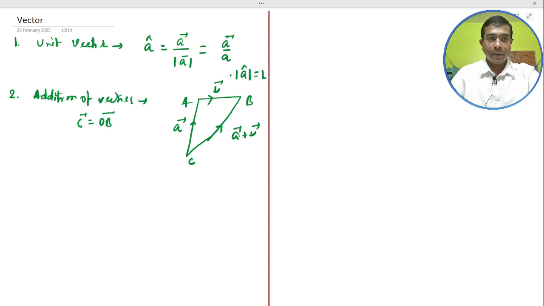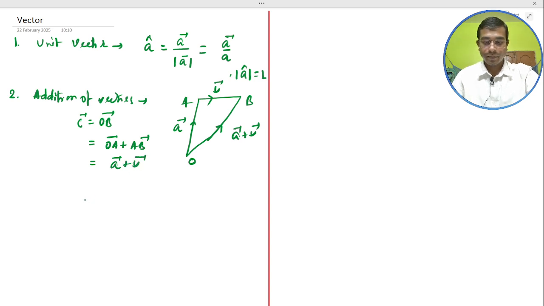This is the point O, and here OA vector plus AB is equal to A plus B. This is the addition of two vectors.